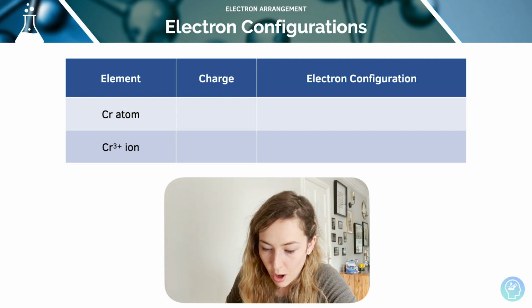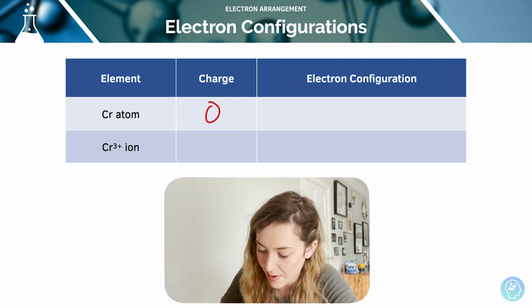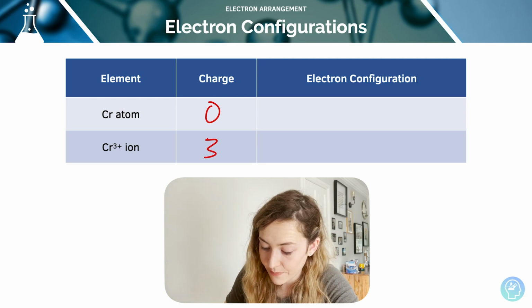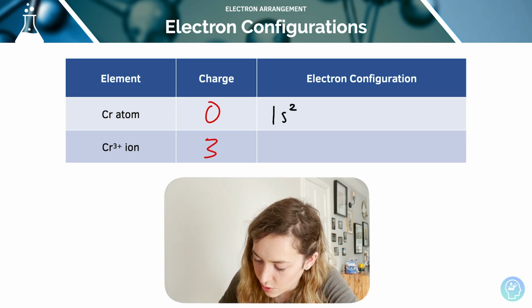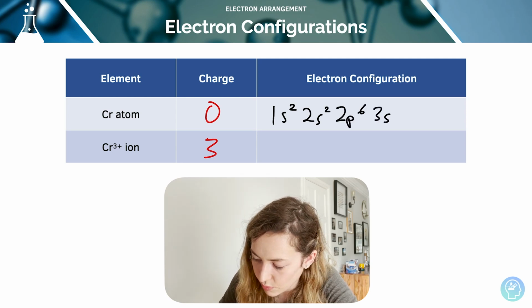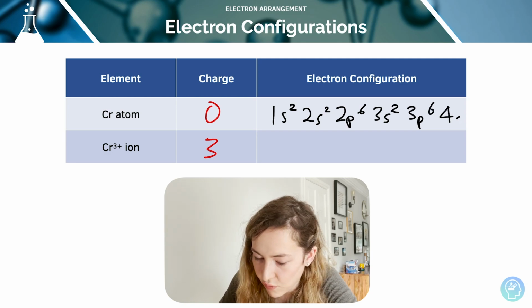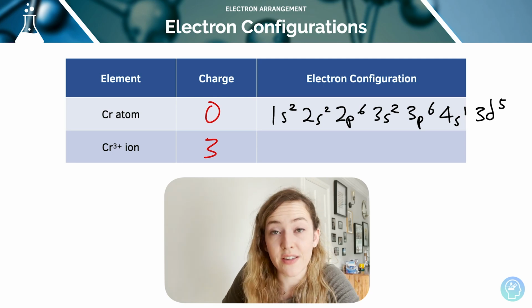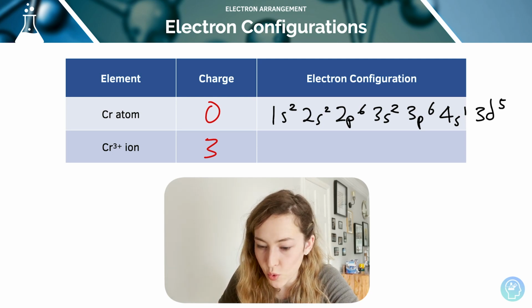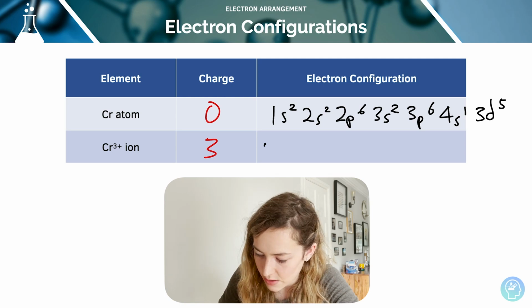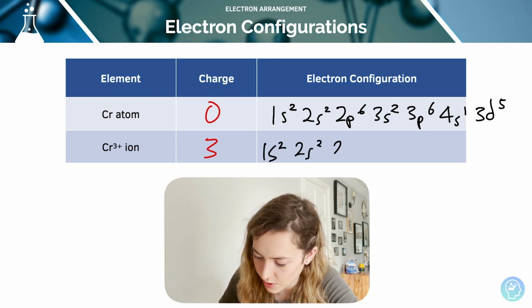So again, if we have a look at what that looks like here, our charge is going to be 0, obviously on a chromium atom, and it's going to be 3+ on the ion. And so we're going to have 1s2, 2s2, 2p6, 3s2, 3p6, 4s1, 3d5. That's what we agreed because it's half full, it's more stable with the 3d. But when we lose electrons, have a look at this. So it's going to be 1s2, 2s2, 2p6.